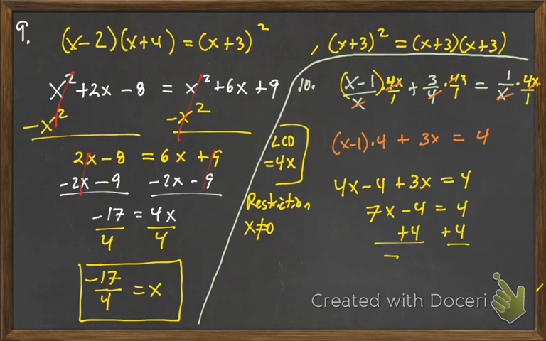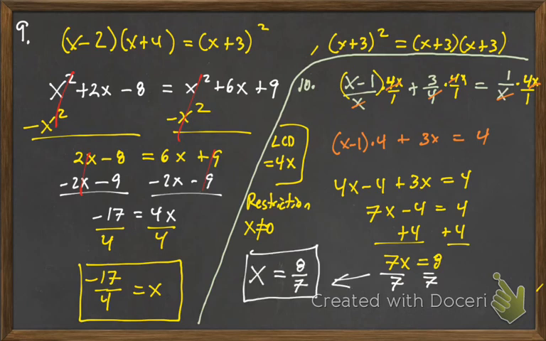And divide by 8. So add 4 to both sides. I'm sorry, not divide by 8. Divide by 7, excuse me. Divide both sides by 7. And we get x is equal to 8 over 7. Okay? Which is not equal to our restriction there of x cannot be 0. Okay. All right.